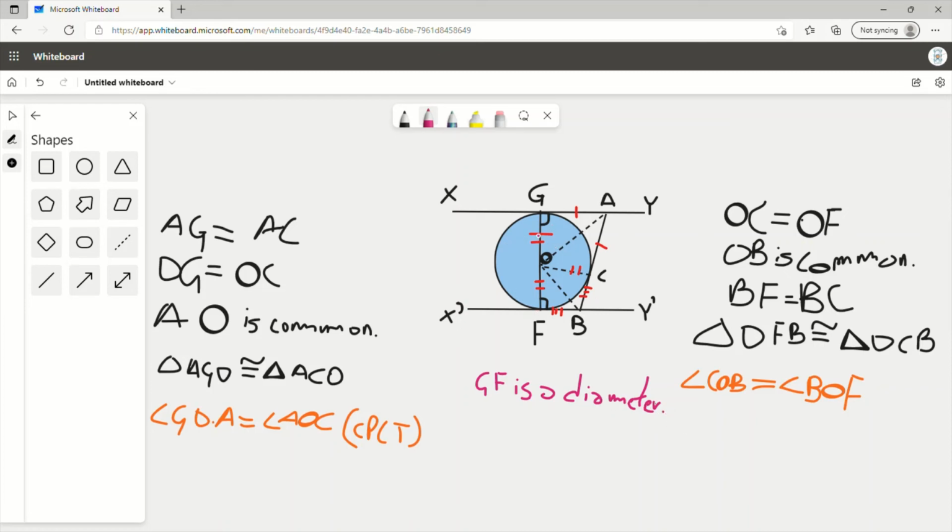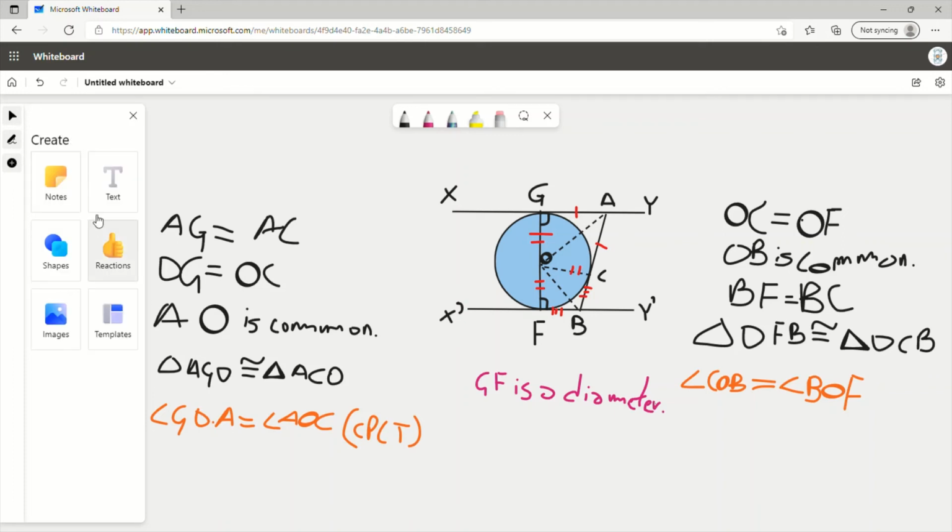So if you look at it, the angles on a line add up to 180 degrees, right? So this is pretty much like the ending part of the thing.